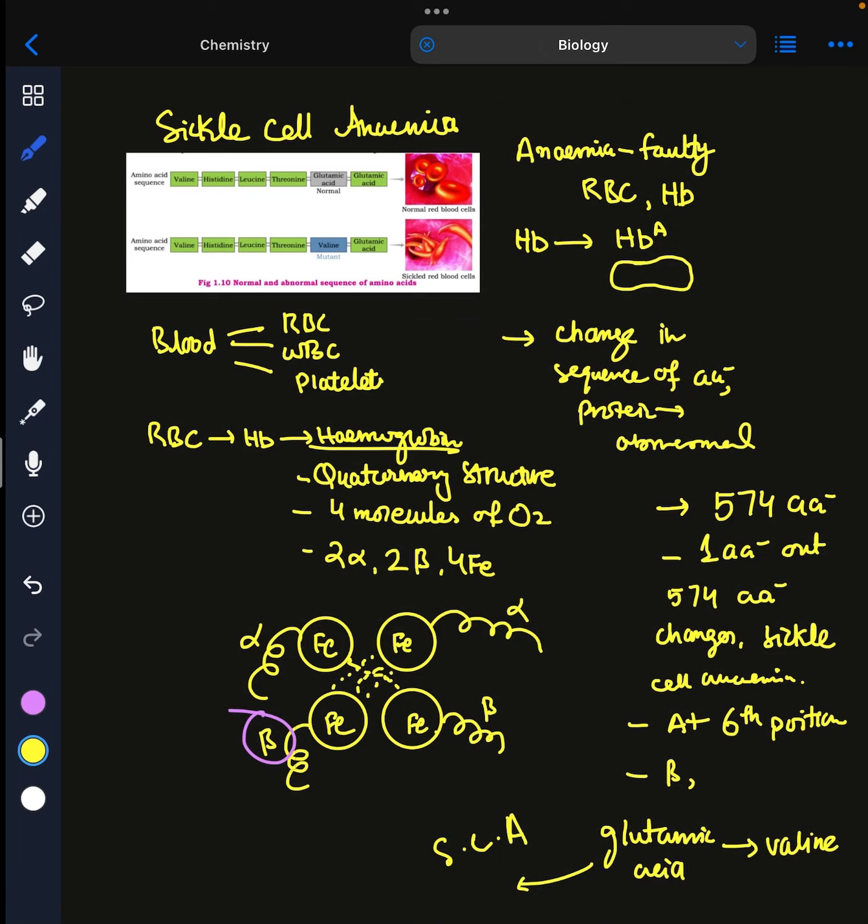And we know that glutamic acid is an acidic amino acid. Valine is a neutral amino acid.